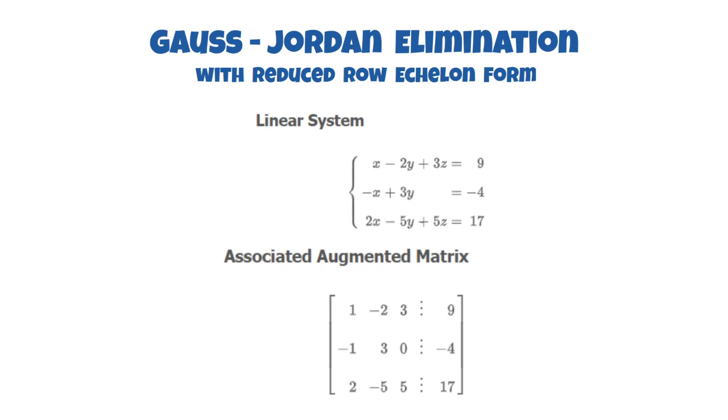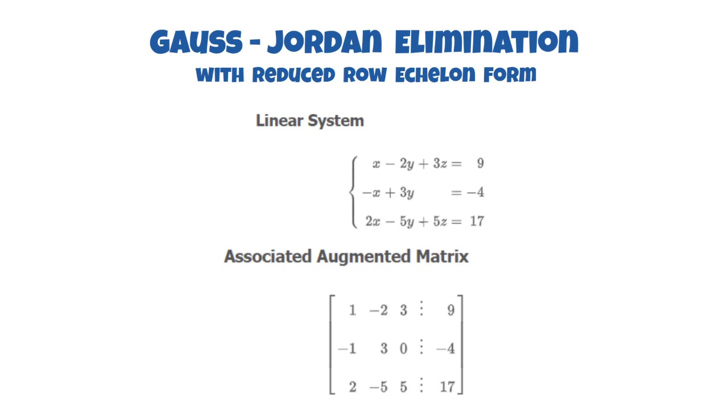And then in this row, I would want these to be zeros, and I'd want this to be a 1. So that would mean I'd have a 1y equals whatever would happen to be over here at that time. And then in the last one, I'd want 0, 0, 1, so that I'd have a 1z equals this. And then I would end up knowing what x, y, and z equal.